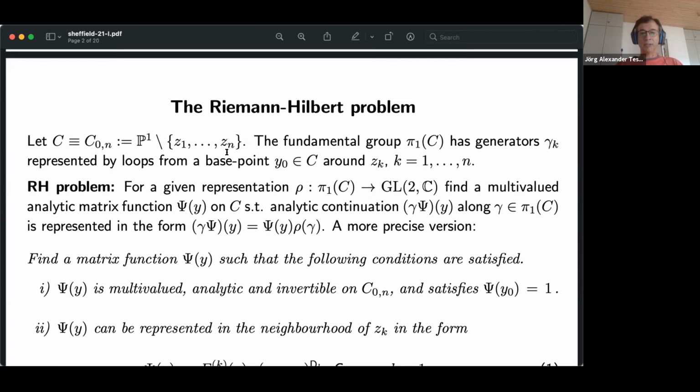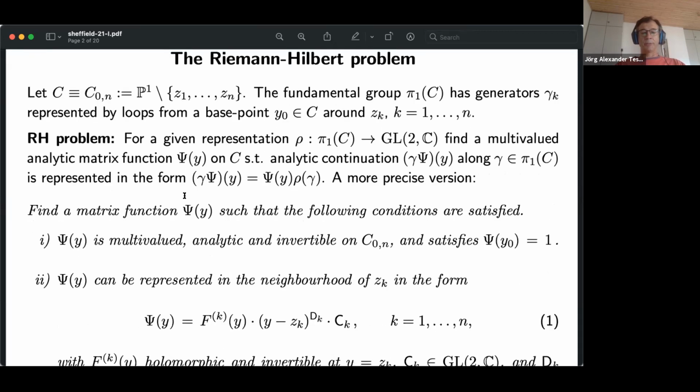And we get some space which has a non-trivial fundamental group, pi1, which has n generators, which we can represent by some loops denoted gamma k, which go from a base point y0 on the Riemann surface around these punctures or marked points that we've taken out. That is the topological setup, the topological background of everything else to follow.